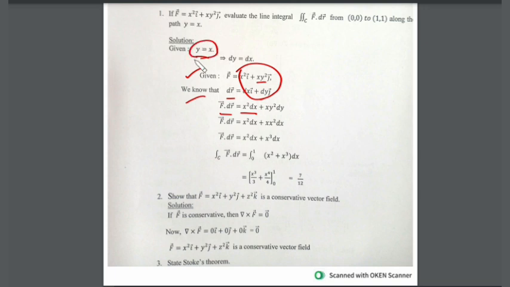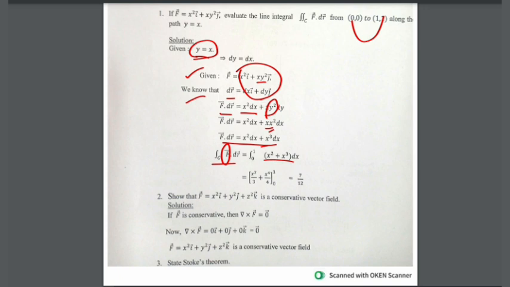Next, we already know that y equals x, so I am changing y² as x². So x into x² becomes x³. I need to find the integral of F⃗ · dr⃗ from 0 to 1. So F⃗ · dr⃗, which we found here, is (x² + x³) dx.